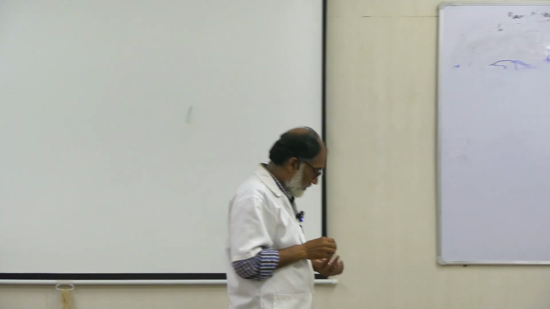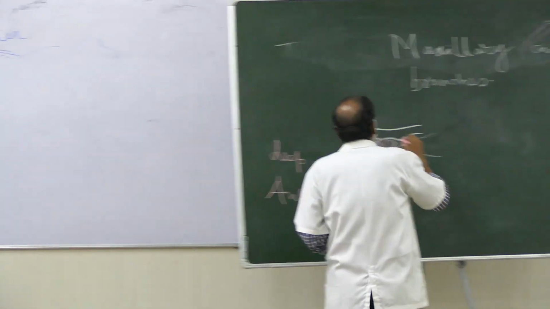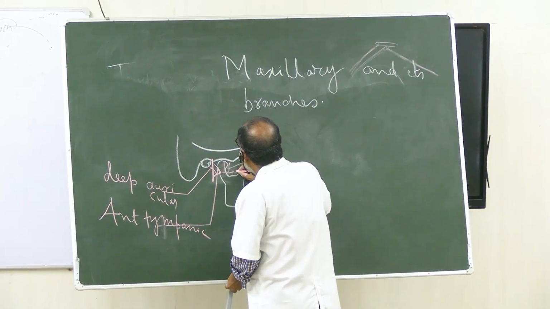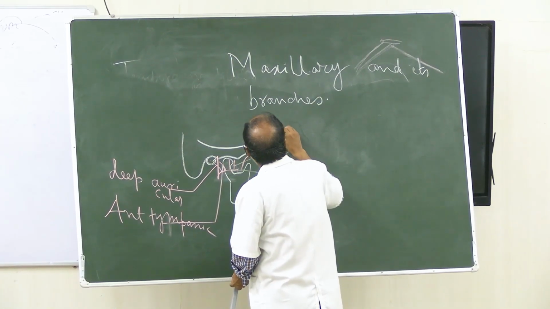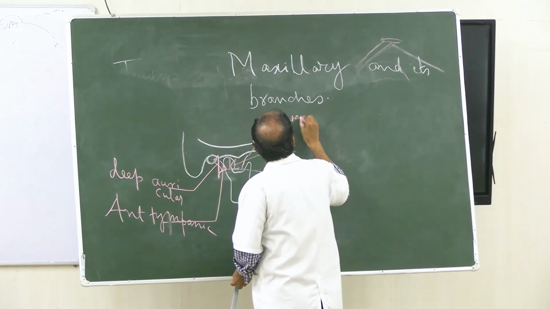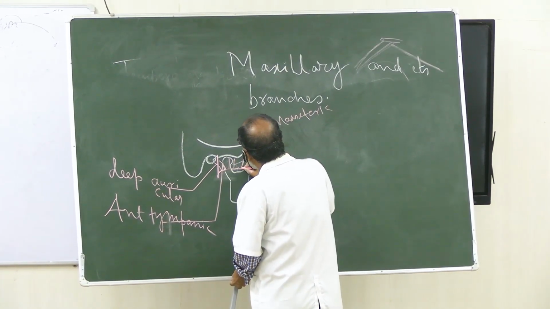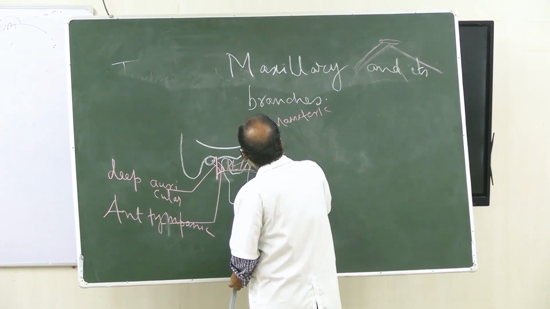Muscles of mastication. Number one branch will go, that is masseteric. Then it will give off one branch, deep temporal, by two heads, deep temporal.